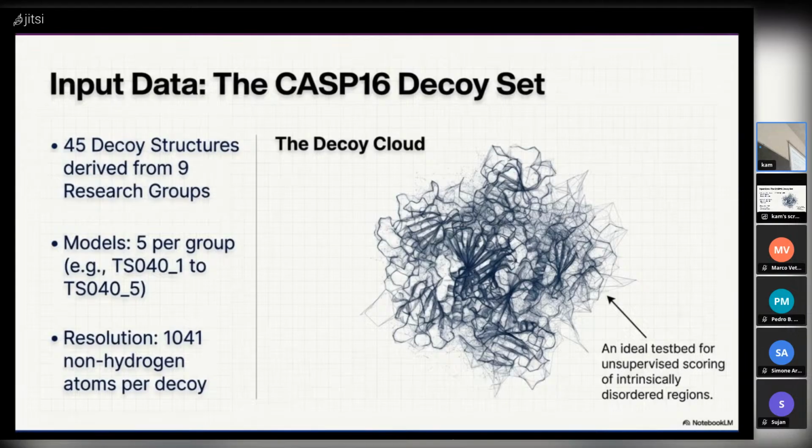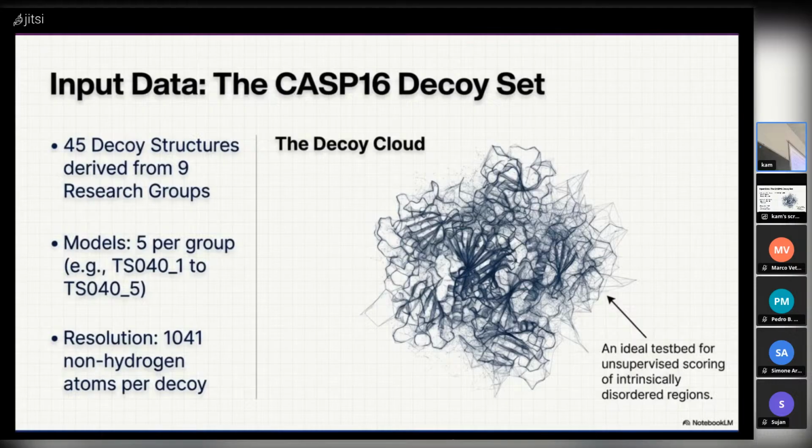So what I'm using is last year's, the 16th of the Olympics, and they have many targets. You see the T 12 and 1,200, which means there are many atoms. For example, this target has 45 decoys, and each has 5 teams, so each team makes 5 predictions.